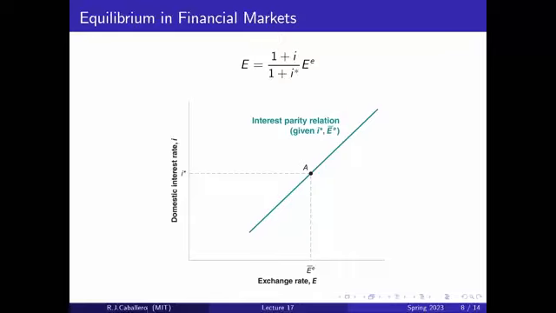Okay? Now, what about the expected exchange rate? Well, if the expected exchange rate goes up and the international interest rate hasn't gone up, so the expected exchange rate moves to the right, and the domestic interest rate doesn't go up, then that means the current exchange rate will also have to go up.